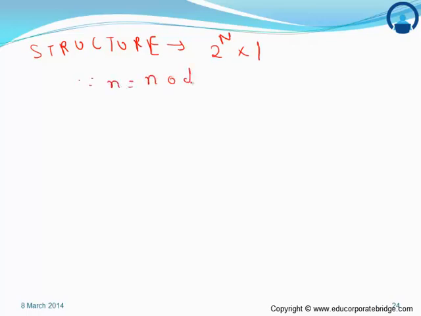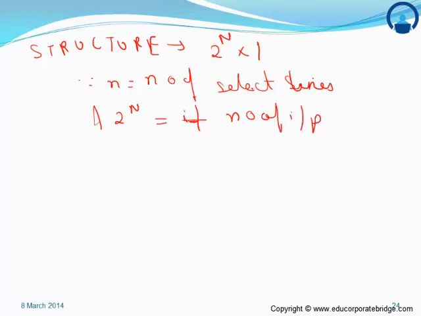Now let's find out the structure of MUX. MUX can have a structure of 2 raised to n cross 1, where n is equal to the number of select lines. 2 raised to n is the number of inputs, and this one is the number of outputs.